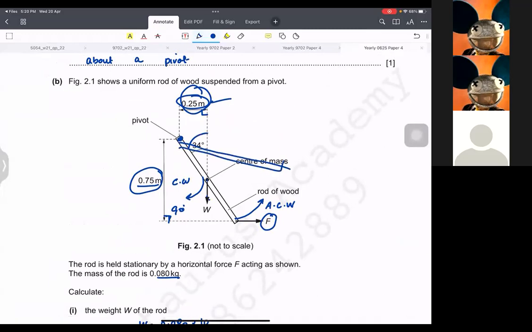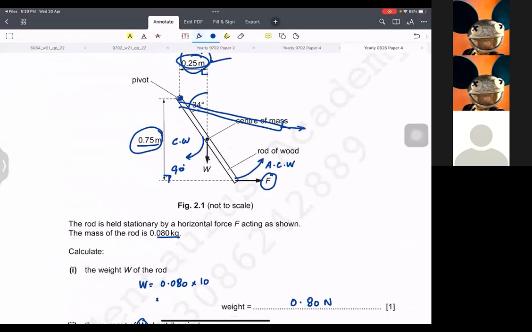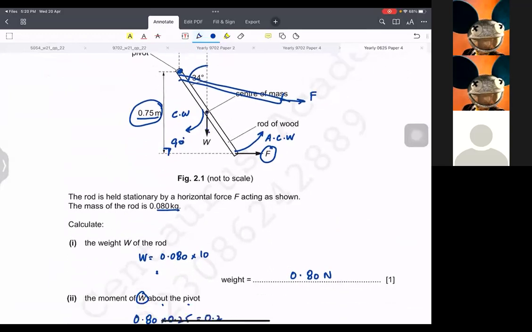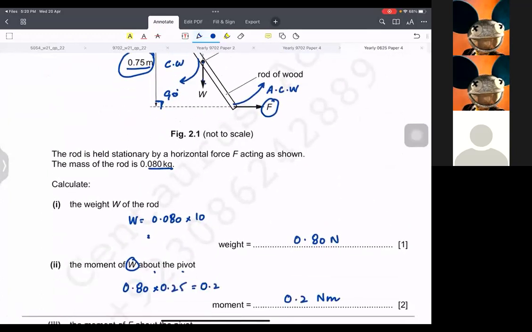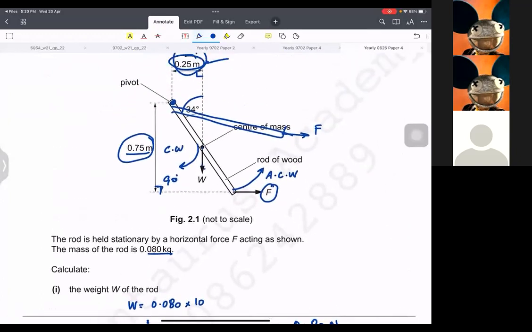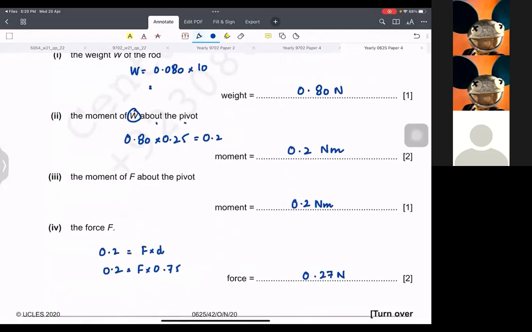What do you think? So it says what will happen to this force? Do we need to increase it? Do we need to reduce it or what? Of course you need to increase it, because now the perpendicular distance becomes smaller like this. So to get the same moment, you need a greater force.